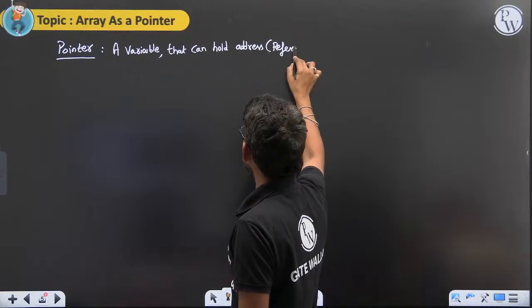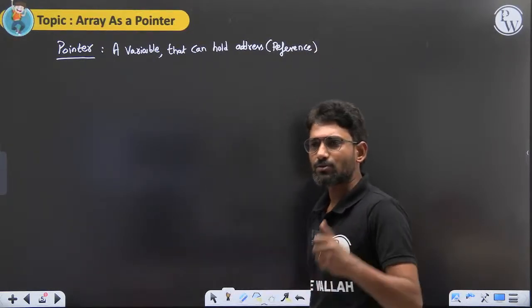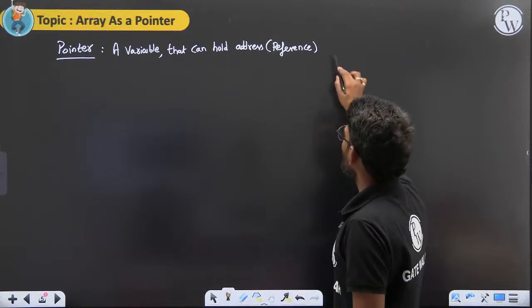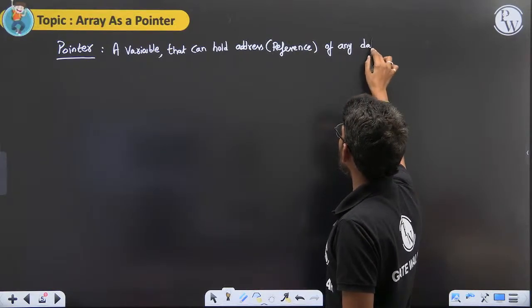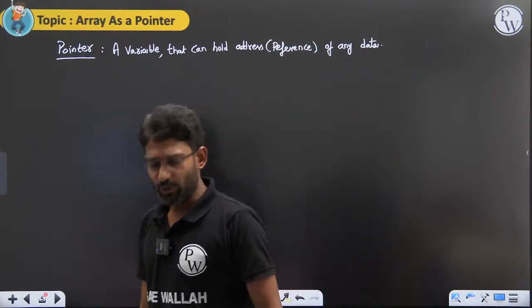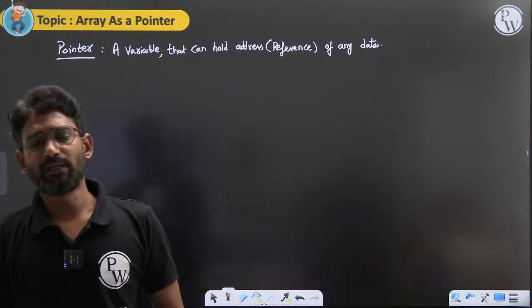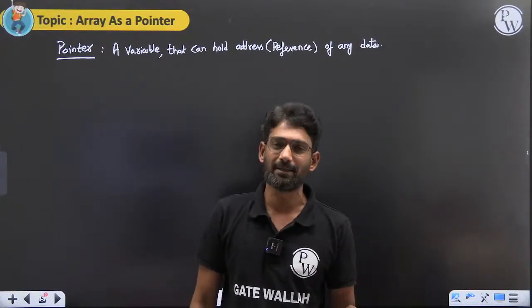Again, address means we can say reference. Okay, address of what? Address of any data. Usually we learn pointer means a variable that can hold the address of another variable.